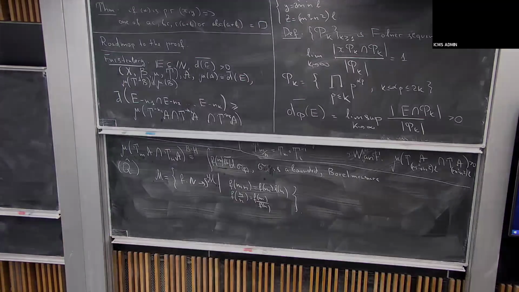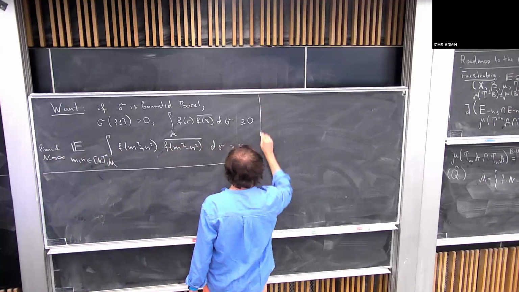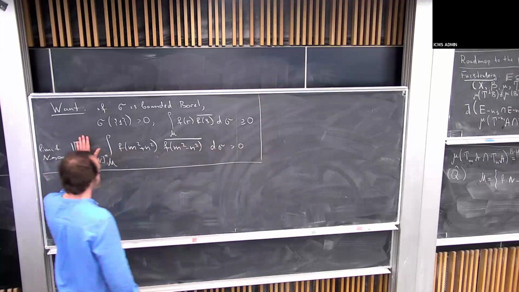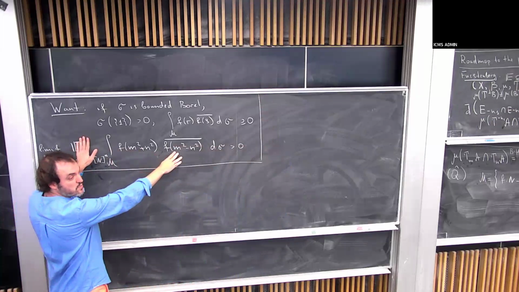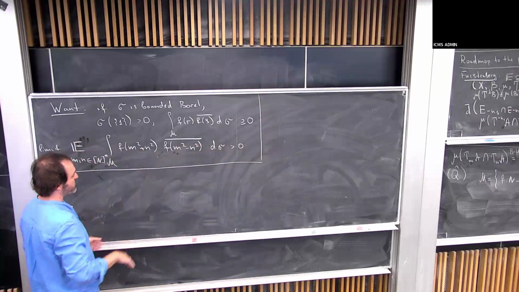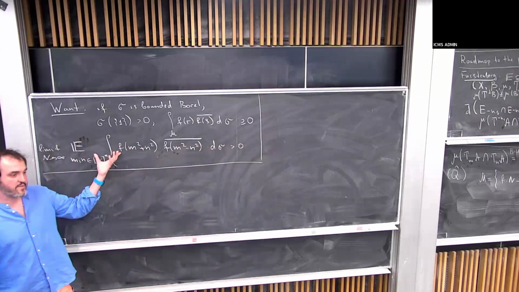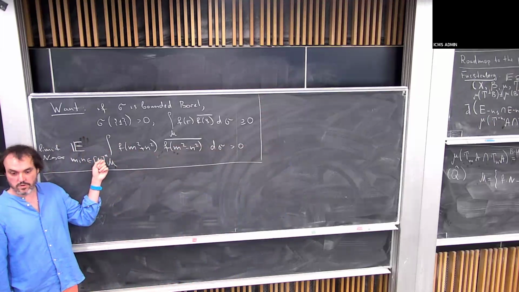Okay. So I need to understand quantities of this sort, this type of averages. I won't talk about the details of that, but I have an integral over the group.